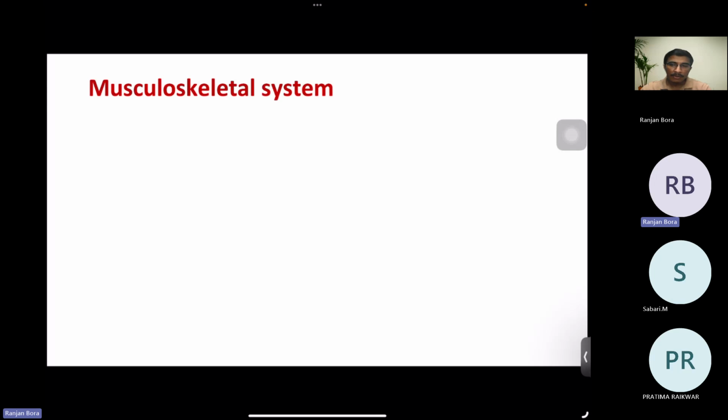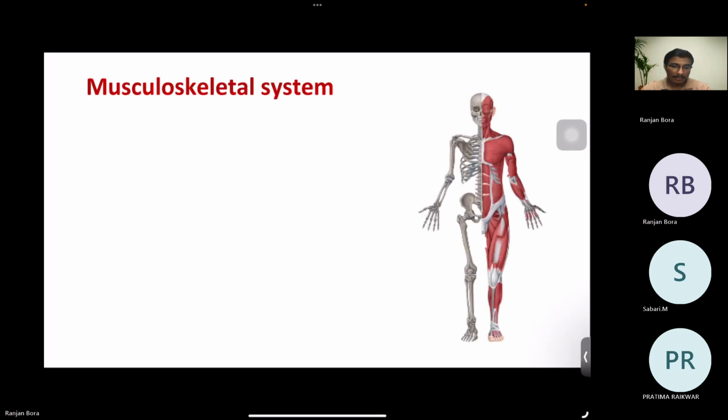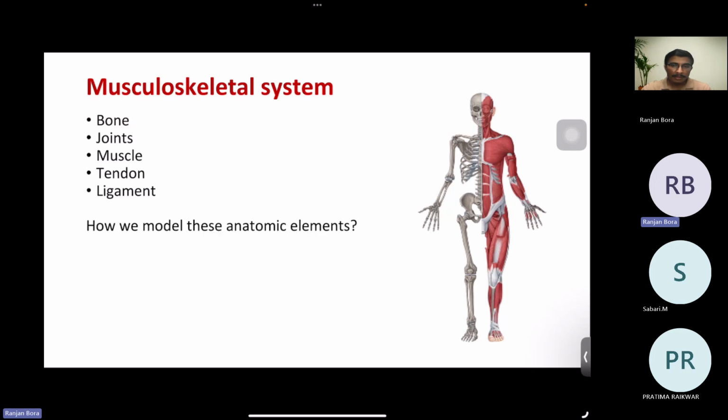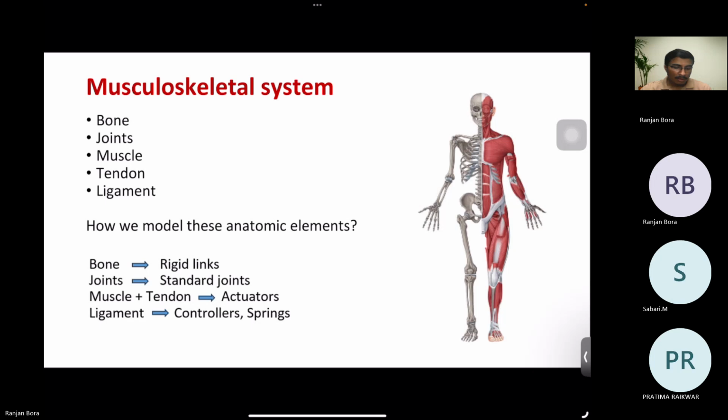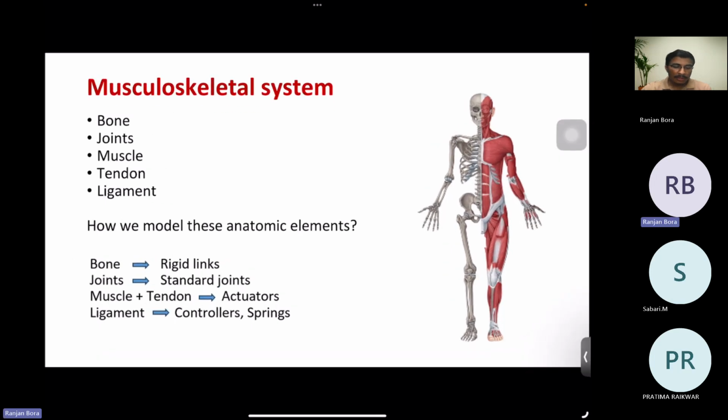In week 1, the contents are related to the musculoskeletal system. So what is a musculoskeletal system? The musculoskeletal system consists of bones, joints, muscles, tendons, and ligaments.